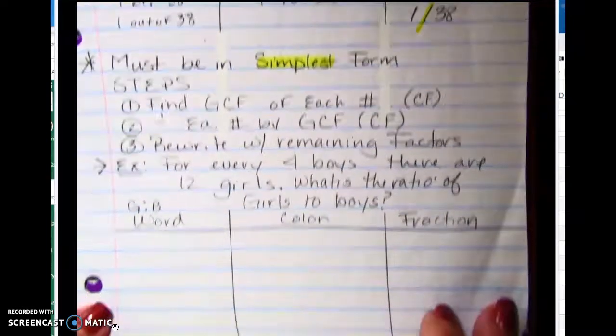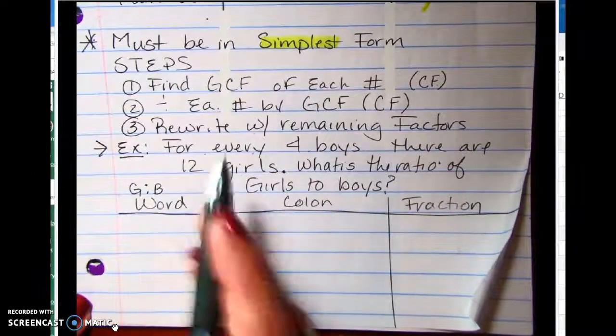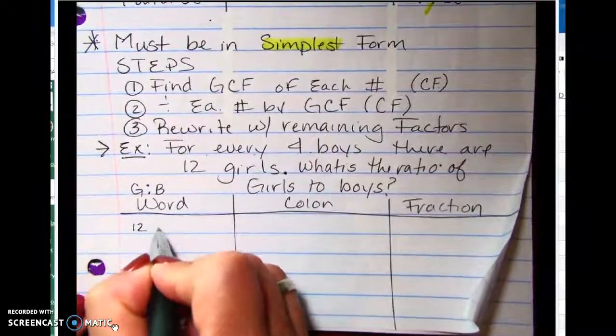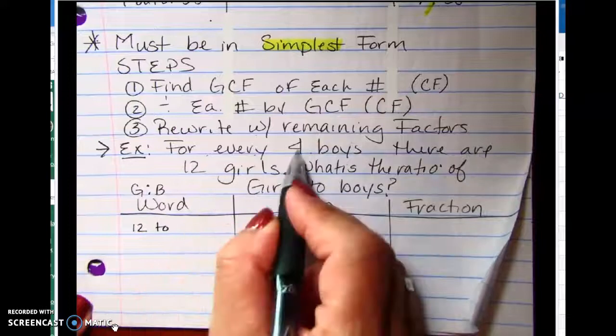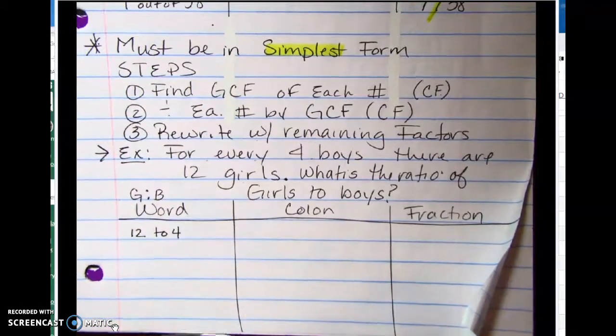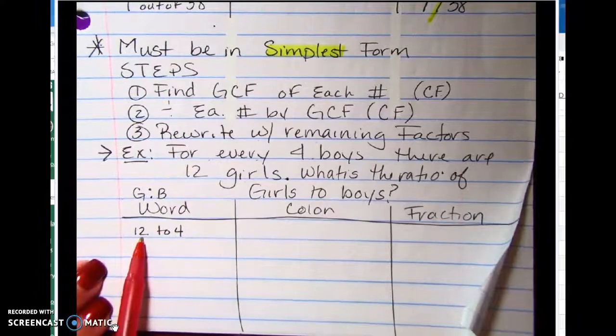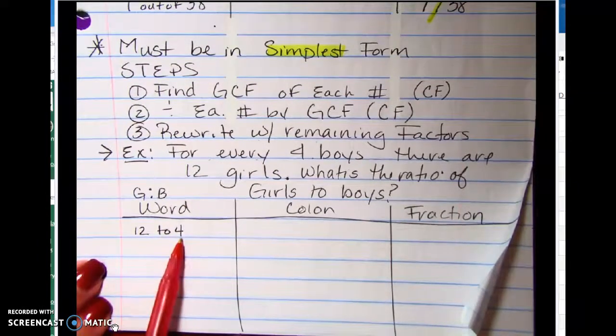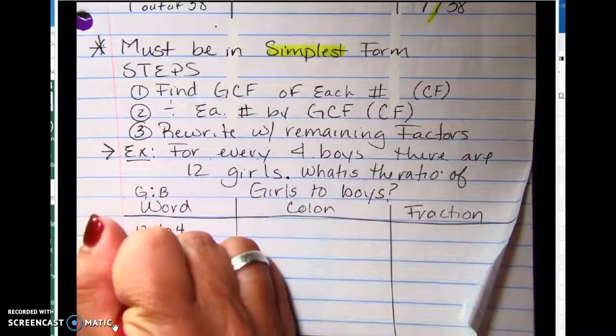So in word form, it would be girls to boys. Now, this is not in simplest form. So I could find the greatest common factor. What's my greatest common factor? Well, both 12 and 4 share the factor 4.